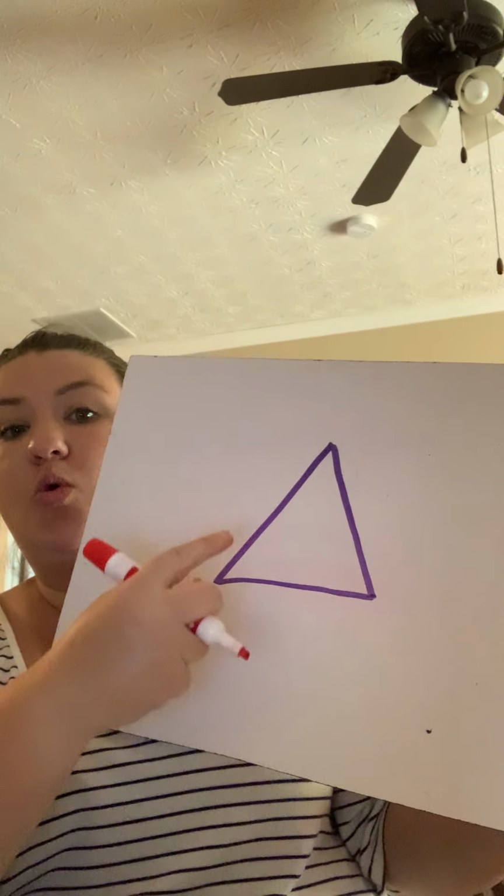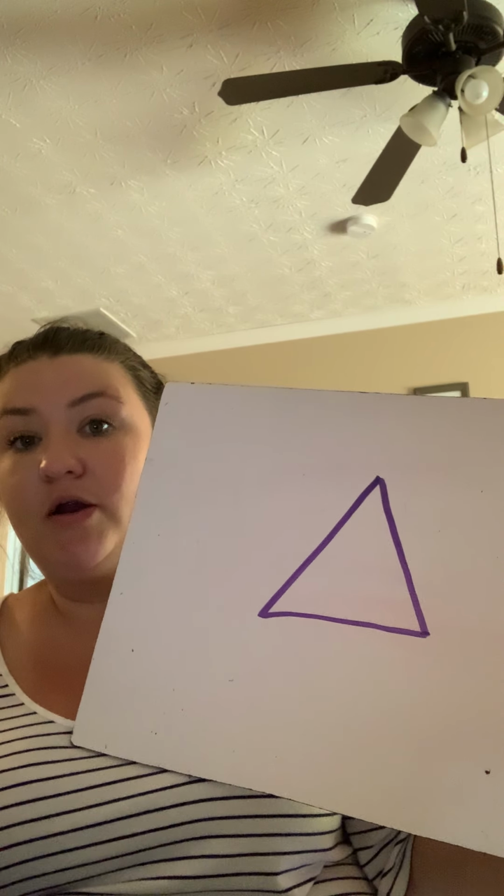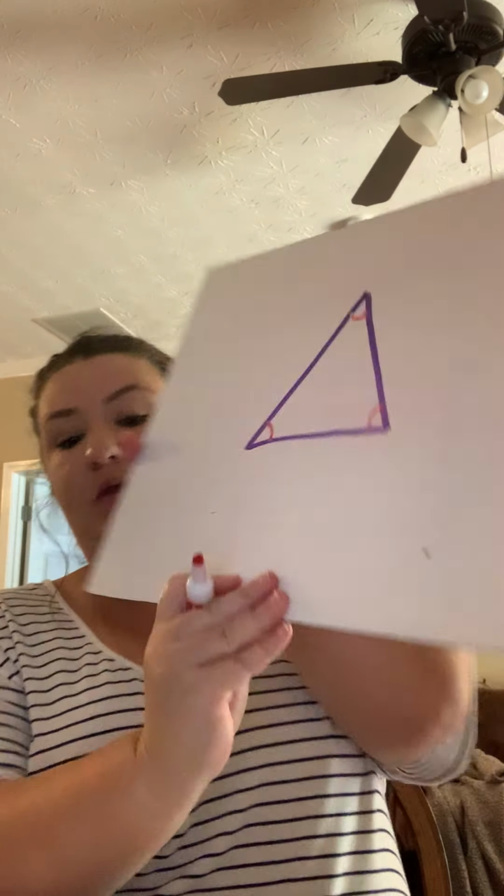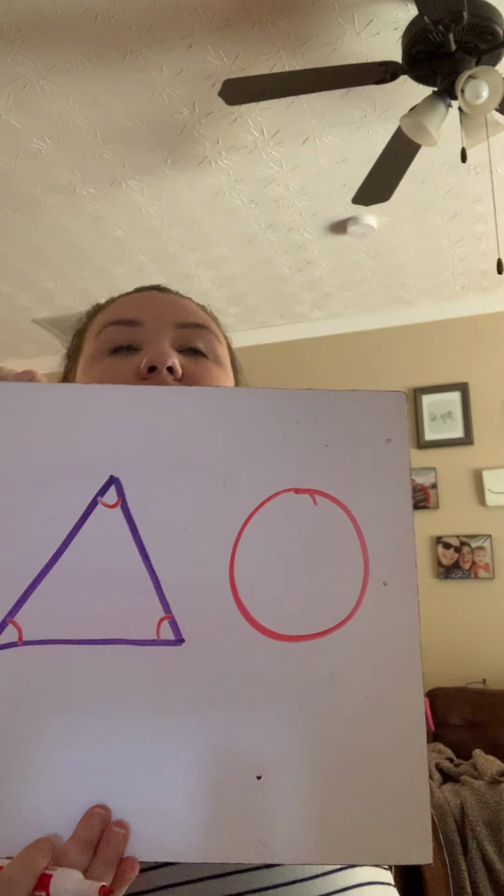Well, there's not going to be any right angles, but remember, we're looking at the corners here. How many corners are there? 3. So how many angles do we have? 3. 1, 2, 3. Easy peasy, huh? What about if I drew a circle? How many corners does a circle have? None. So how many angles does it have? None. Good.